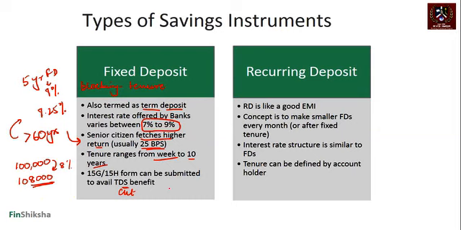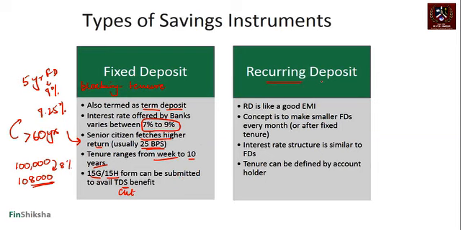TDS is tax deducted at source, so the bank assumes that this is your income and you will be paying certain tax on your income, right? If you want to avail a benefit on that, there's something called as Form 15G or 15H, which can be submitted to the bank, in which case the bank will not cut TDS for you, right? More on this when we talk about taxation as to what is the requirement, right?